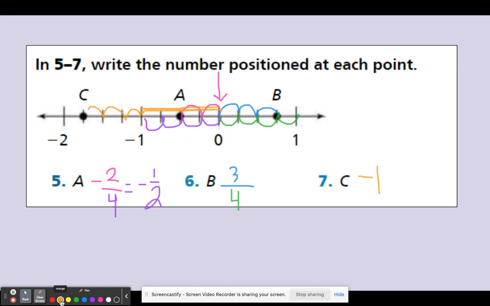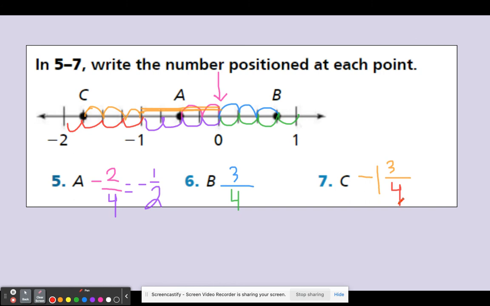So it is negative 1 and 3. Any guesses on the denominator? It's going to be 4. All of the denominators here are 4 because the number line is broken into fourths. There are 1, 2, 3, 4 sections in between the holes. So negative 1 and 3/4.